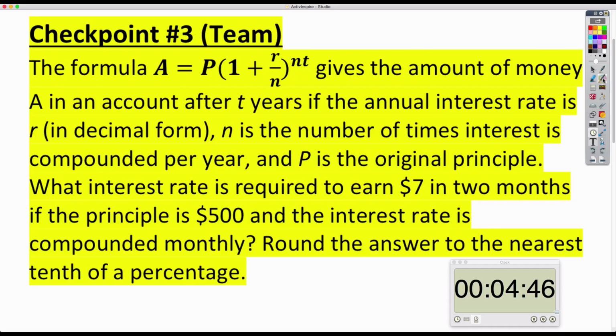Annual interest rate, and it's R times the number of times interest rate. P is the original amount. $7.21. R divided by how much? So you figured out what it was, so you have to answer the question. 12 times itself, 12 times.